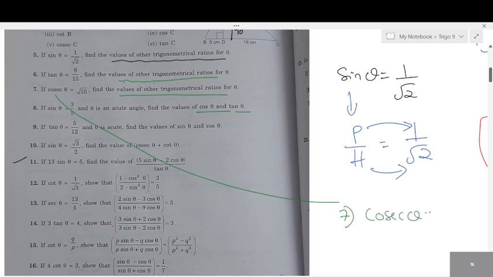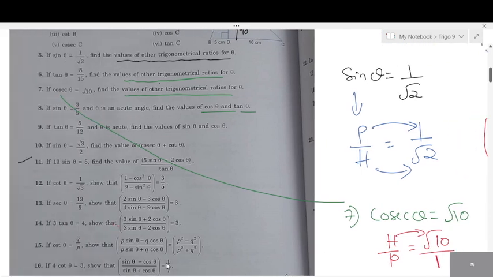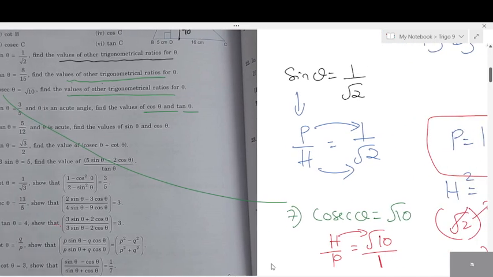Cosec theta is equal to root 10 by something. What is the cosec formula? Hypotenuse by perpendicular. We know hypotenuse is root 10, but the denominator is missing. If the denominator is missing, what do we take? Take it as 1.